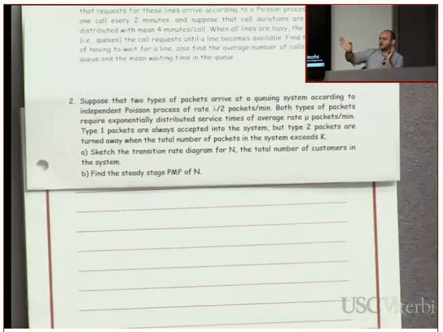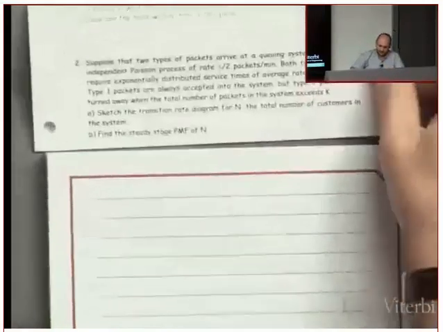One always goes in, the other is kind of low priority. So if the queue is full, which means we have a capacity of k, above k we are dropping all the arrivals of type 2 packets.